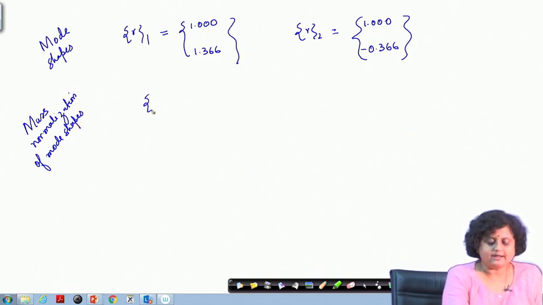So, I have to evaluate this product R1 transpose into M into R1.